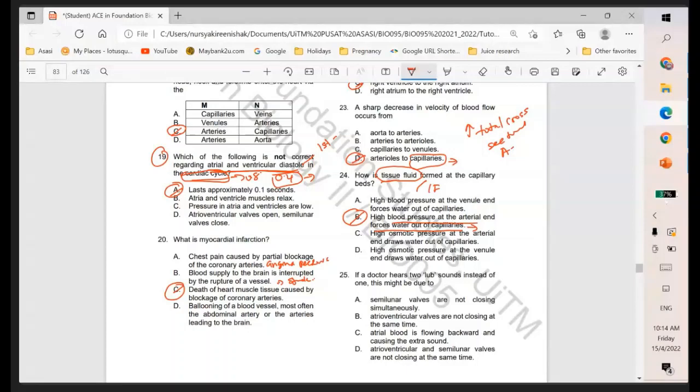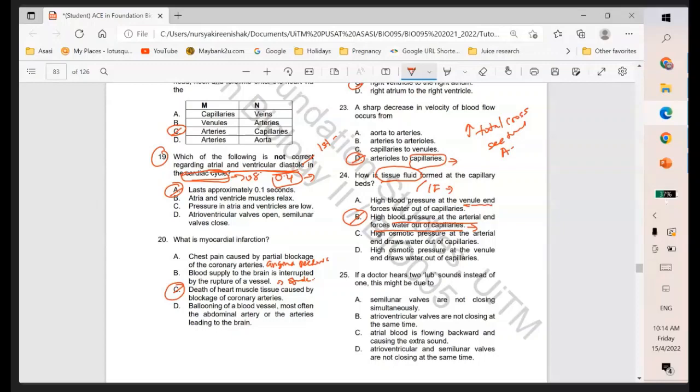Apa jadi? Boleh ke tissue fluid accumulate in the tissue? Kita baru cover. No, we back to the capillaries. Dia akan flow back dekat end yang mana?